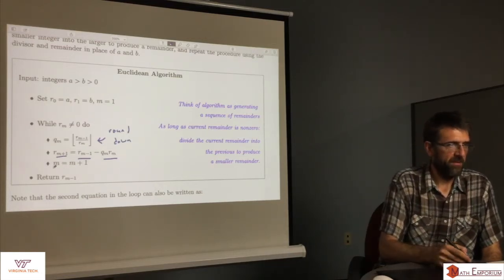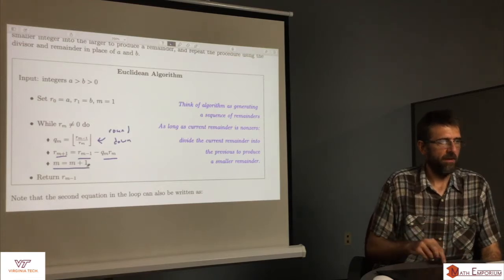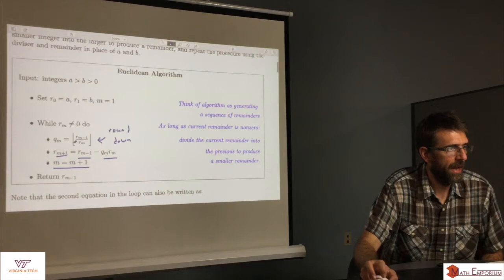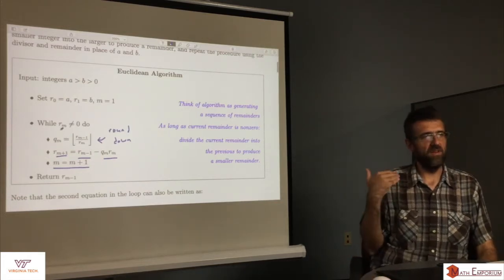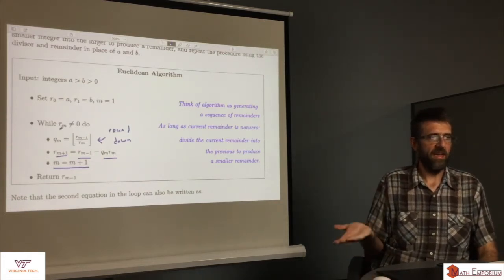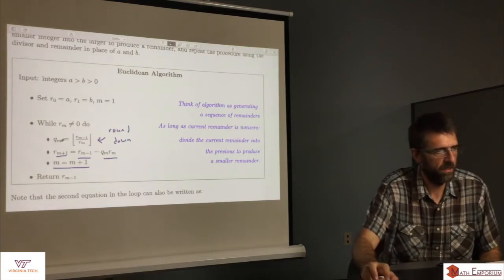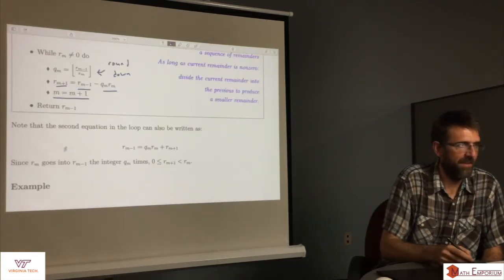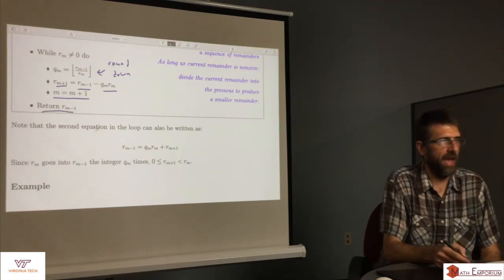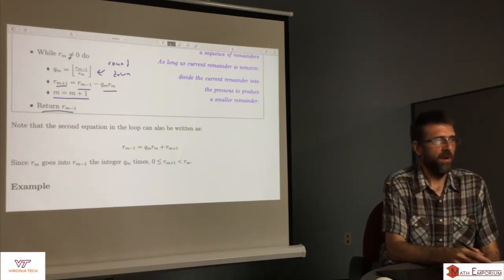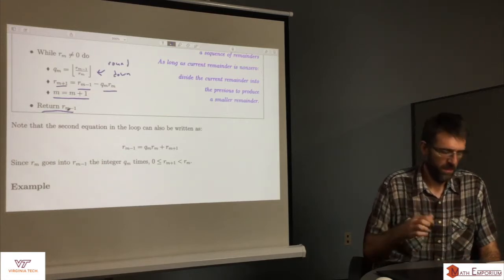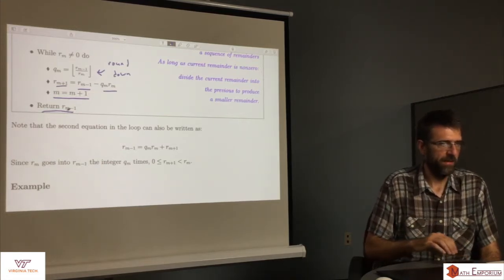And then I'm just going to increment my counter. I'm going to do this until I hit a 0 remainder. Once I hit the 0 remainder, what I'm going to return is the last non-zero remainder. So notice I increment m, and when I see that the current remainder is 0, I go back and I return the previous non-zero remainder.